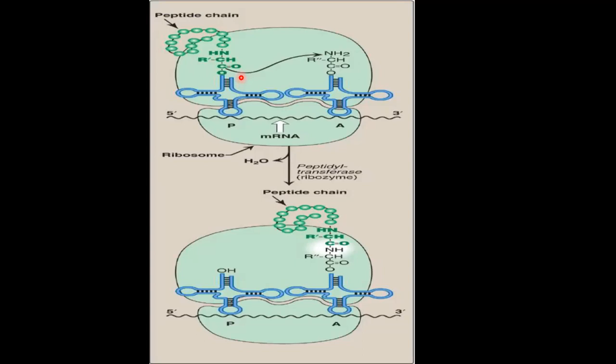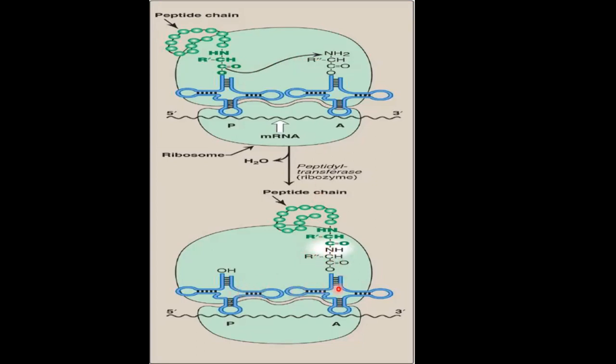I'm confusing myself. 28S is in eukaryotes. 23S is in prokaryotes, and those ribosomal RNAs are the ones which have the peptide transferase activities. They will catalyze a peptide bond formation as shown here.